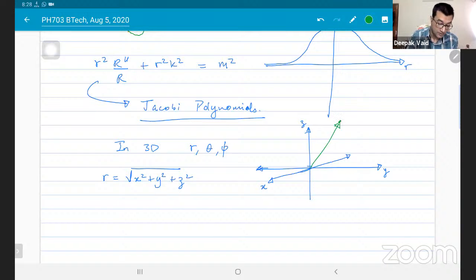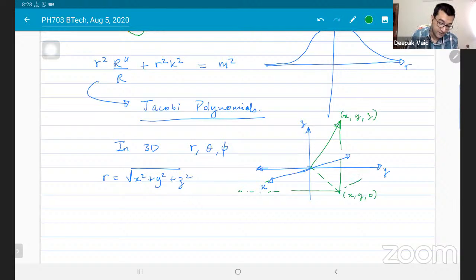And now you can project it down to the xy plane, right? So the coordinates of this are x, y, and z. So you project it down to the xy plane. What that means is you consider this point has coordinate x, y, 0, right? And then it will intersect the x-axis at some point over here, right?